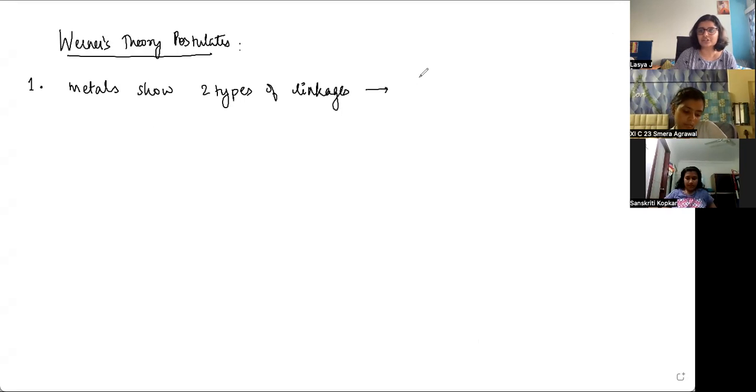One corresponding to the primary valency and the other one corresponding to the secondary valency. So this is what we discussed, like one being ionic and the other being the coordination bond, the covalent.